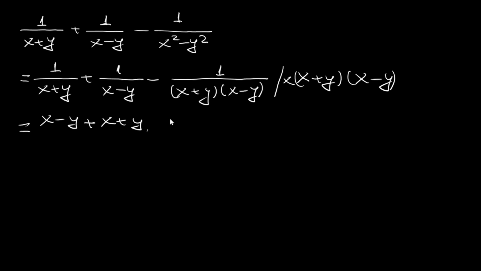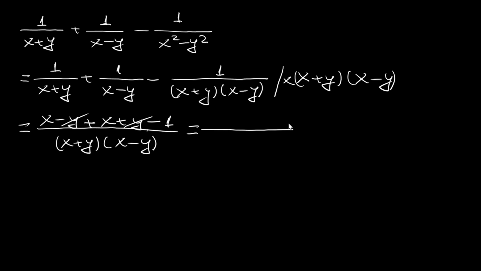And we have minus 1. And this whole thing is over x plus y times x minus y. And we see that we have minus y and plus y here, so we obtain 2x minus 1 in the numerator, and we have x plus y times x minus y in the denominator.